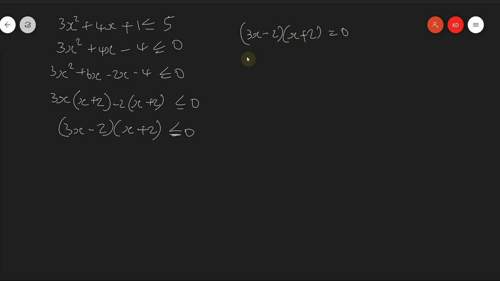Now we would have x is equal to 2/3 or -2. Good, so let's sketch our curve here.